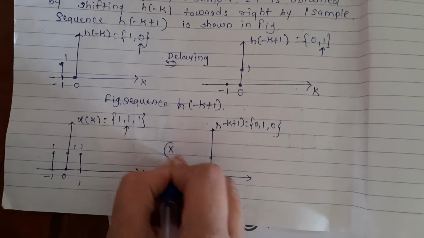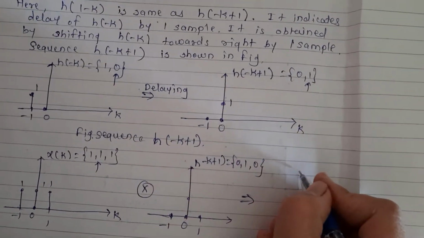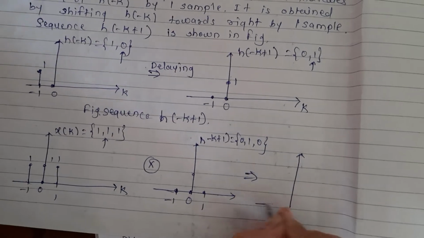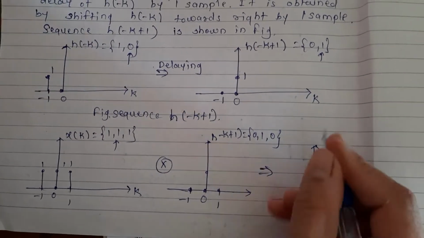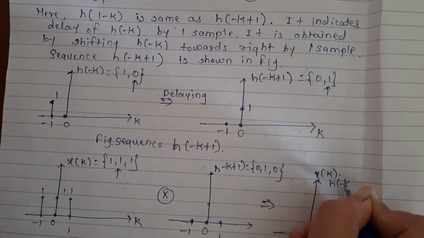And multiplication of both these, so we get x of k into h of minus k plus 1.